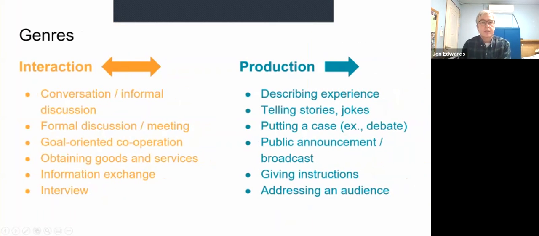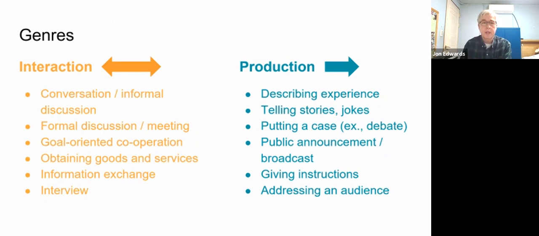So it's important to keep in mind when we're thinking of the genres, we can break them down into two categories: either interaction, where we have different participants that are interacting, or production, productive genres.